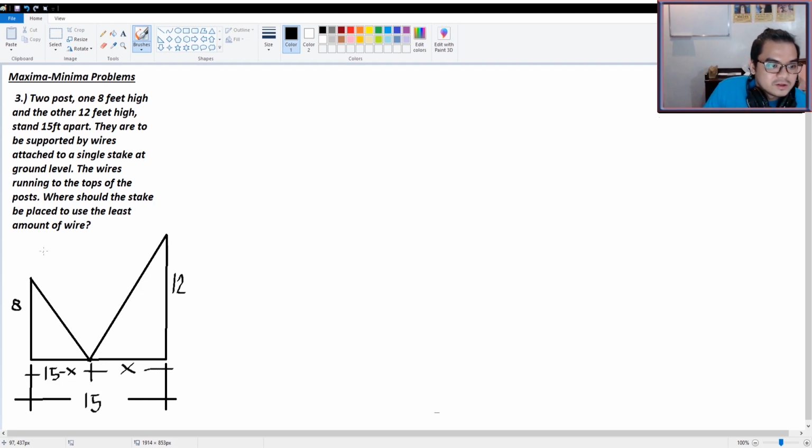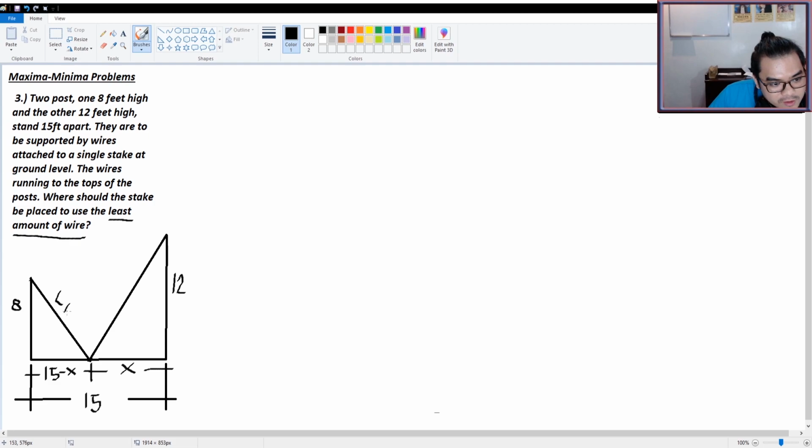Remember that there are wires attached. From here to here, this line is a wire. Also, from the top of the second post to here is also a wire. Now we are asked to find the least amount of wire, so the amount of wire must be minimized.